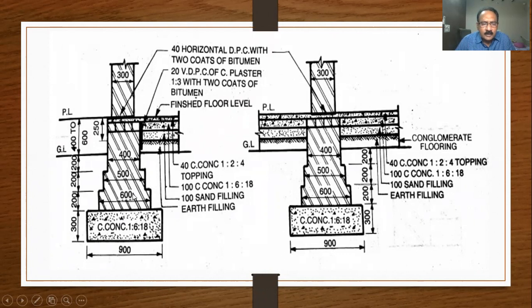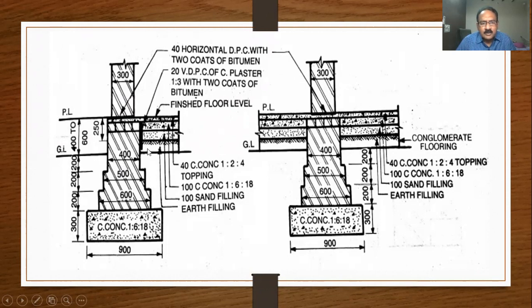This is a traditional method. Nowadays, we are using only RCC footings, RCC columns, and RCC foundations. These are load-bearing wall structures. Generally, in North India, they follow this procedure.